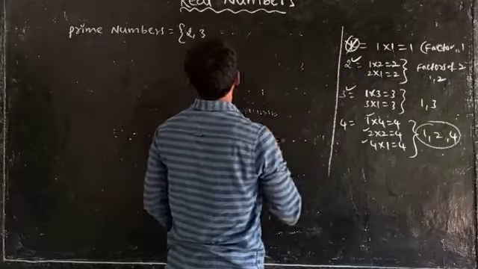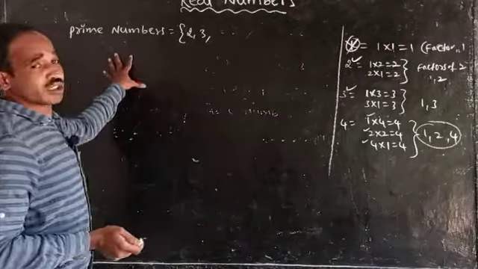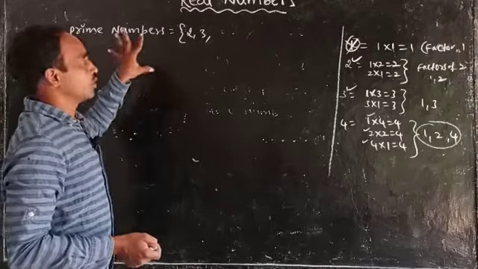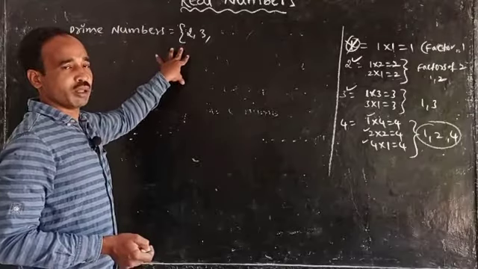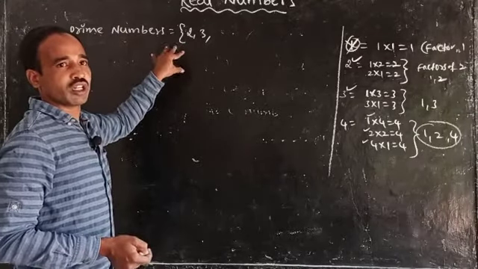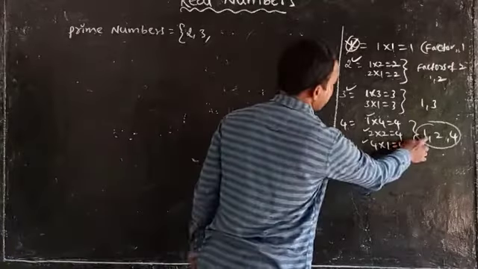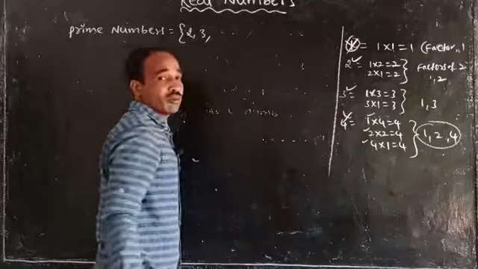So what is the definition of prime numbers? It has only two factors. Which number is a prime number? That number has only two factors. But 4 has three factors, so this is not a prime number.